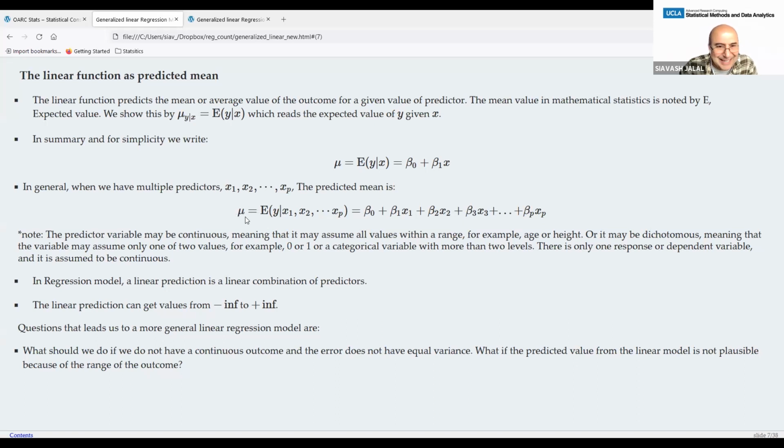For simplicity, I didn't put mu of Y given X under here, so I'm going to use this notation throughout. Mu is basically a linear function of all those predictors, and that mean can be any value from negative infinity to infinity, because these x and betas could be any value.